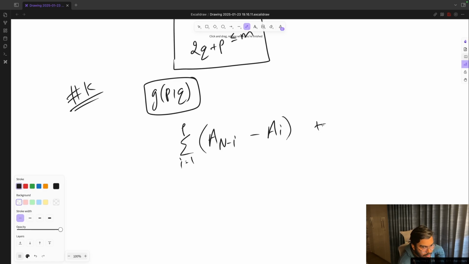Plus, now that you are taking it like that, i equals 1 to q, it will become b of m minus i, sorry, there should be a plus 1 also since these are 1-based indexing, minus b i, right? So this is the value of g of p comma q.